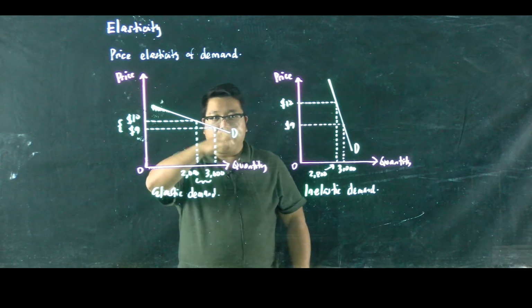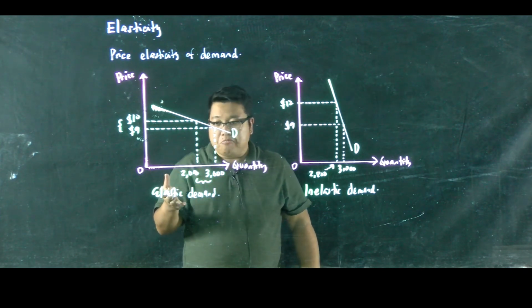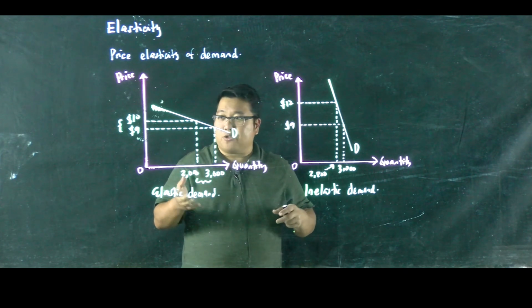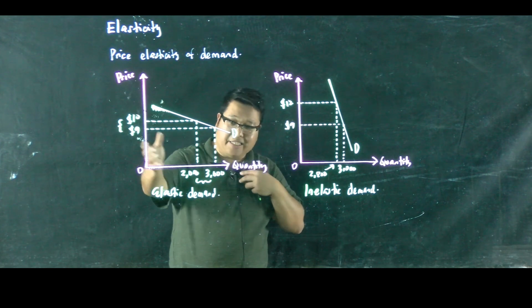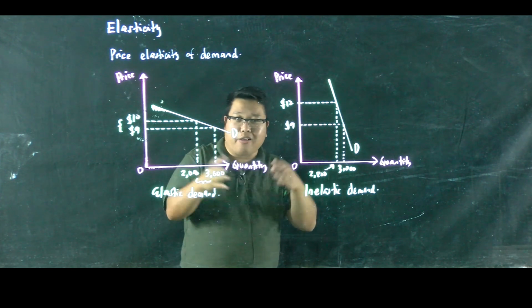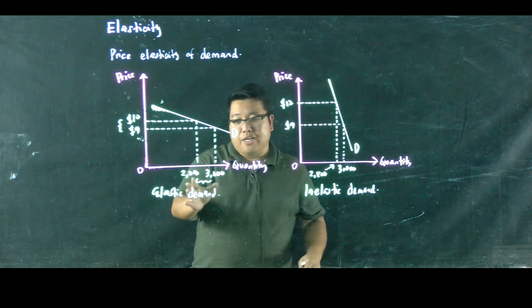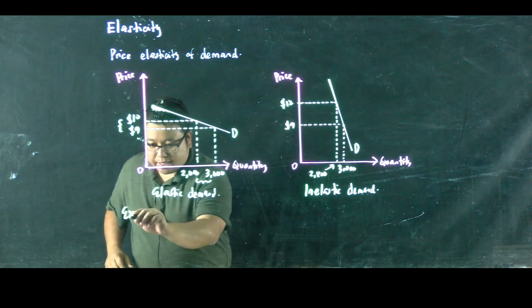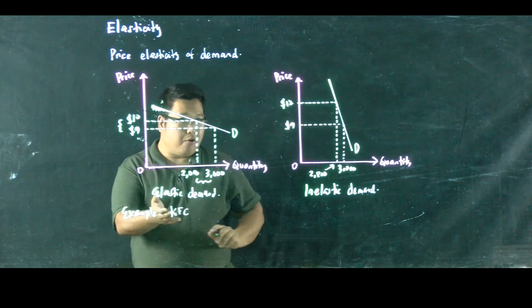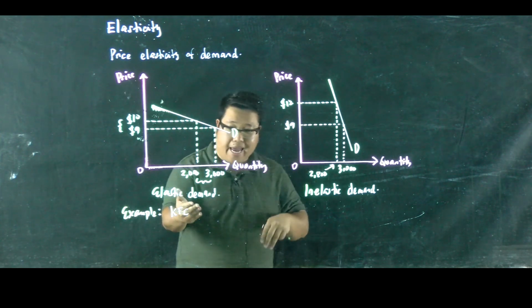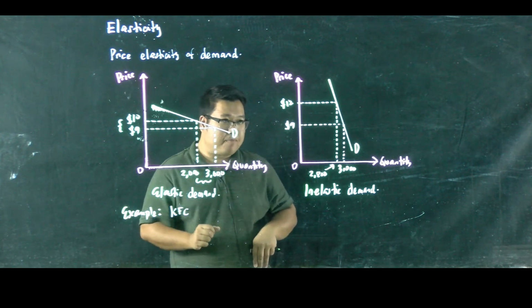If the price of Popeyes increased, then I'm not going to go to Popeyes. So a small percentage change in the price of fried chicken, in my case, I would switch. I would not go to Popeyes. I would go to KFC. So in this case, we can conclude that KFC, at least for my case, I view it as elastic.